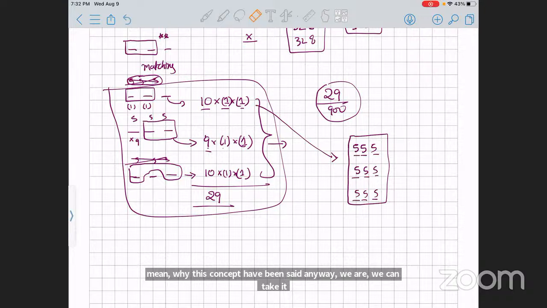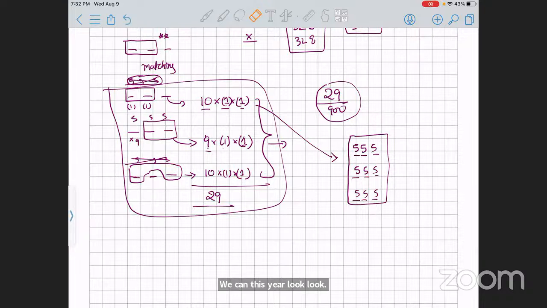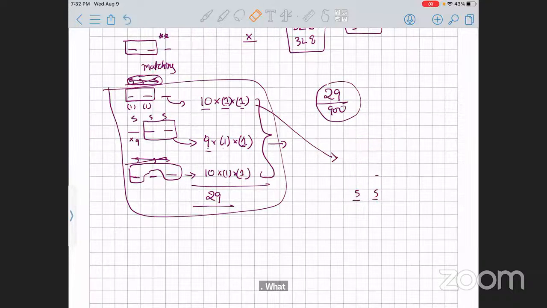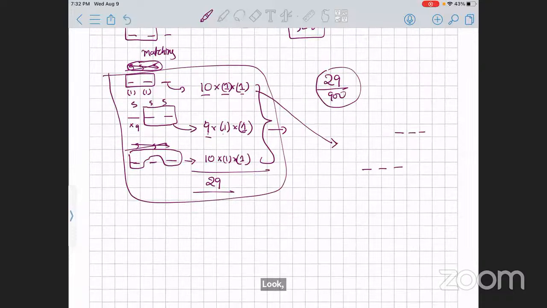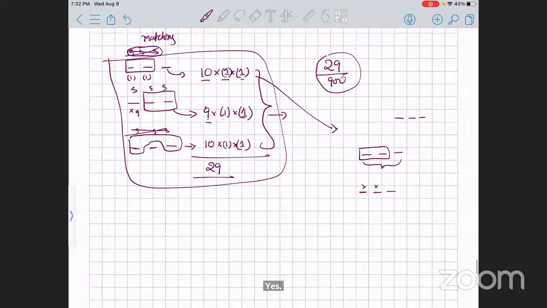Listen to this question. The problem lies here. You got 3 digits, 1, 2, 3 digits. Suppose first 2 digits are fixed and then you selected the third digit. Same thing, second 2 digits are fixed and you selected the first digit.